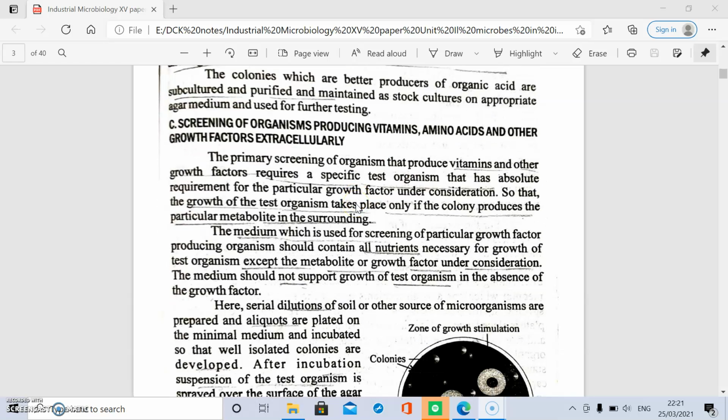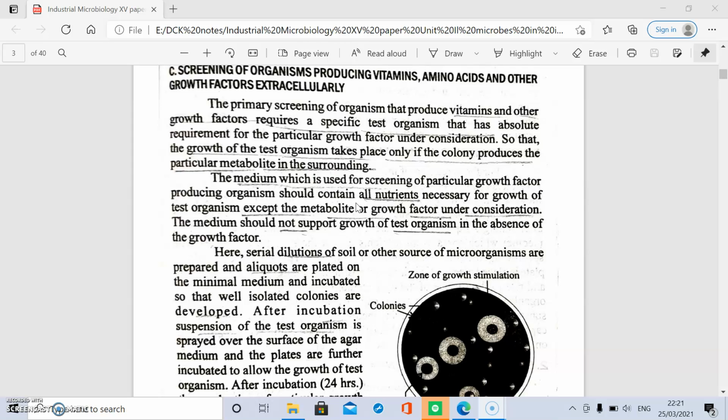Next example, screening of organisms producing vitamins, amino acids, and other growth factors extracellularly. Here, the organisms producing vitamins or other growth factors require a test organism.